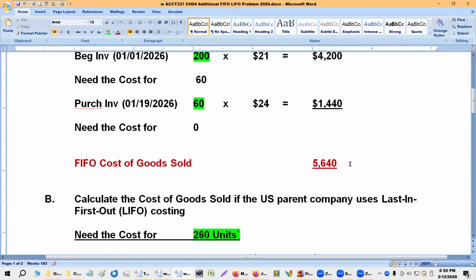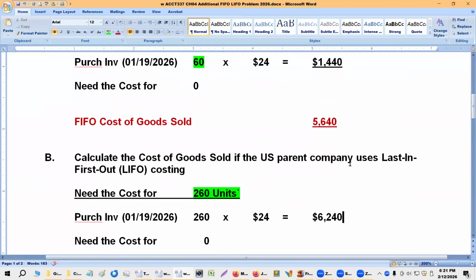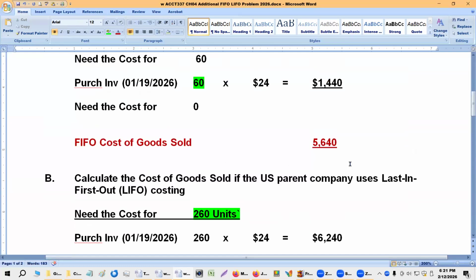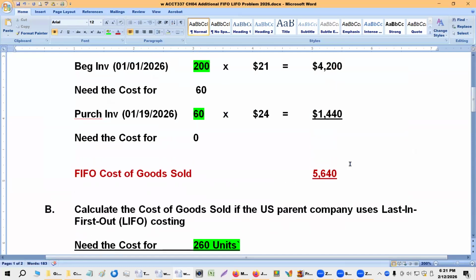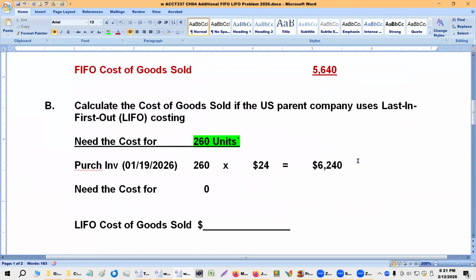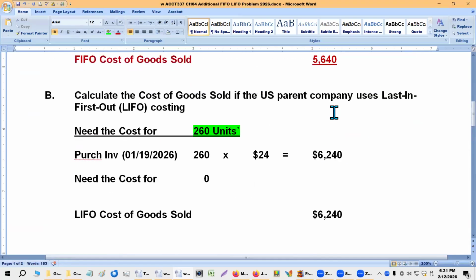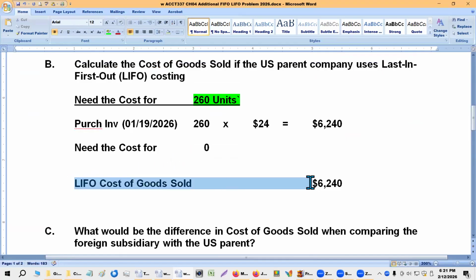Be 200 times 3, 600. It is right. Like I was saying, that is exactly right. Okay, so this would be our LIFO cost of goods sold.